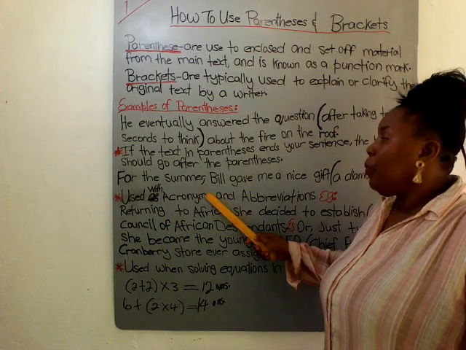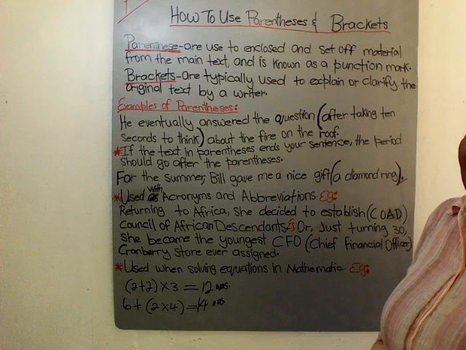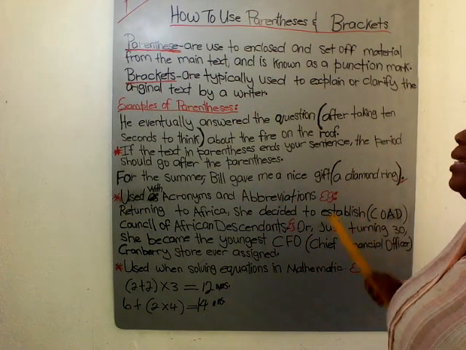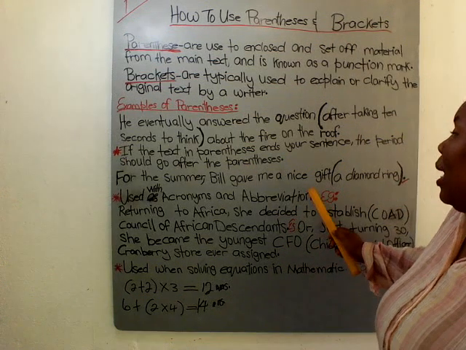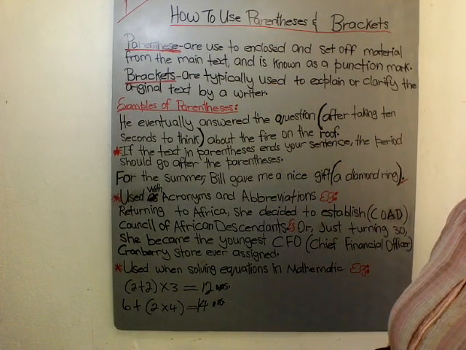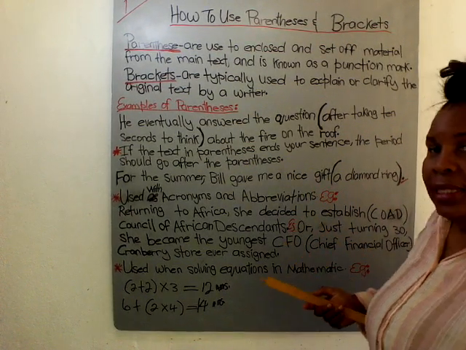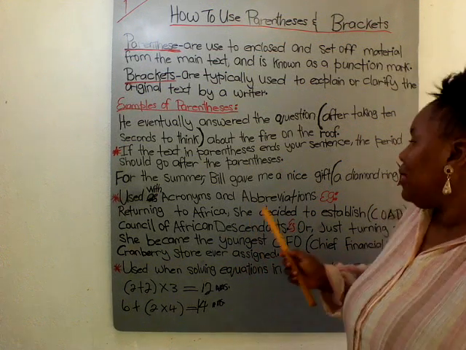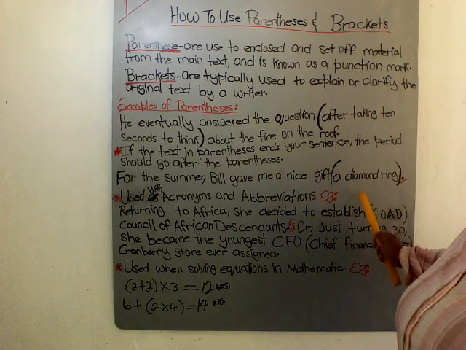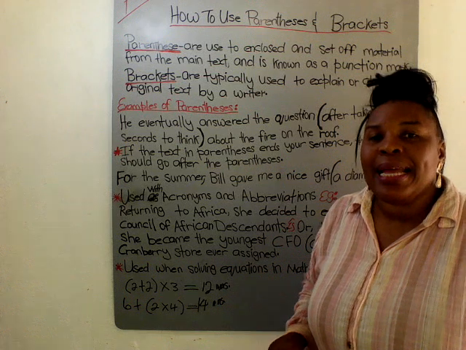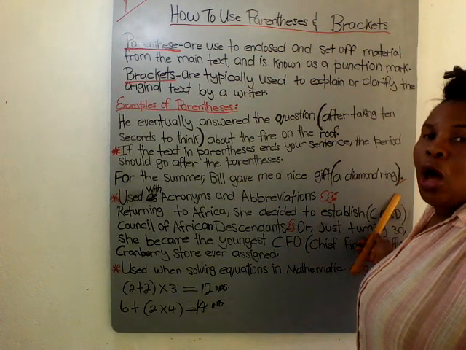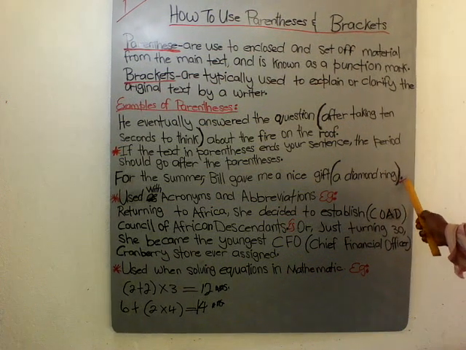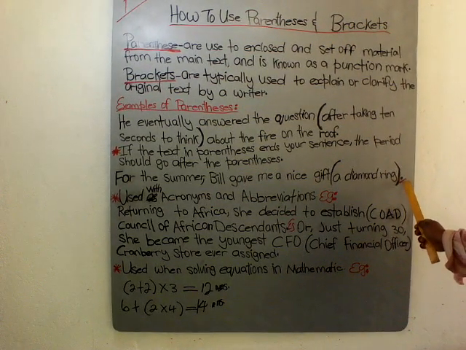For the summer, Bill gave me a nice gift (a diamond ring). I've given you additional information that he had given me a diamond ring. It's a nice gift, yes, but what is that nice gift? It's a diamond ring. And it is at the end of the sentence that I made that statement, so I put the period outside the parentheses, as you can see here.